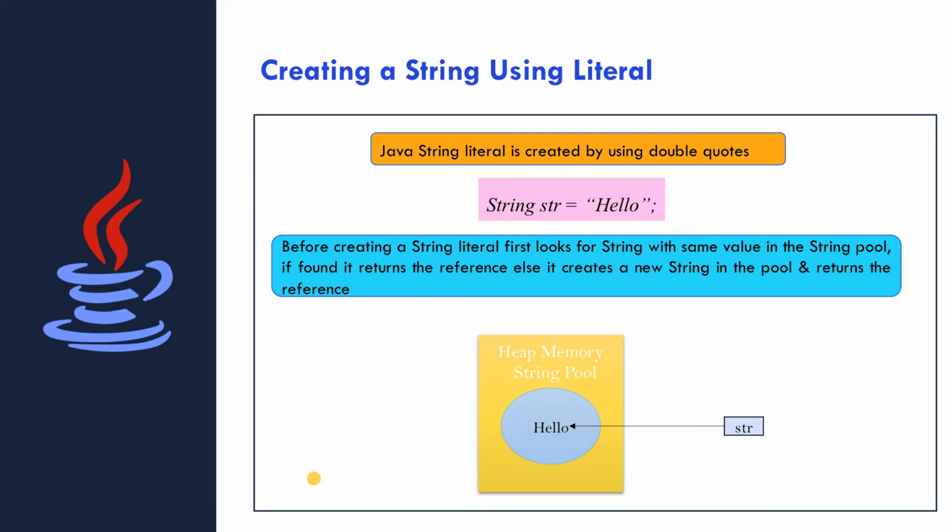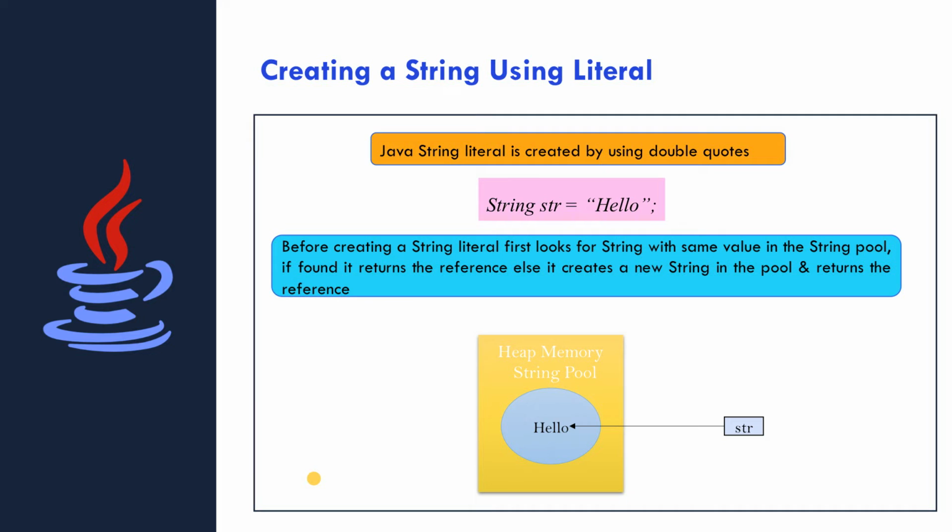How will you do it? You say String str = "hello", using these double quotes. Here str is basically a reference variable pointing to hello. In the string pool we got a literal called hello, and str will contain the hash code for that literal, and this is how we get a relationship mapping.